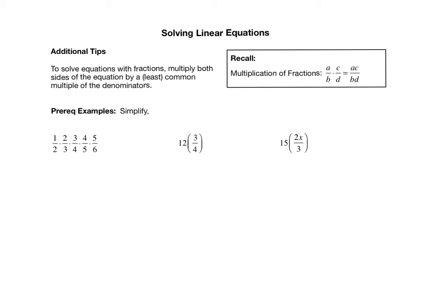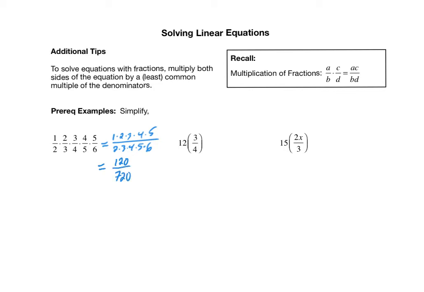When you look at this one, you may be thinking right away, okay, this is the same thing as 1 times 2 times 3 times 4 times 5 over 2 times 3 times 4 times 5 times 6, because you would multiply straight across the top and straight across the bottom, which is exactly what this is saying. And yes, this is true. If you did 1 times 2 times 3 times 4 times 5, you've got 120. And then 2 times 3 times 4 times 5 times 6 is 720.